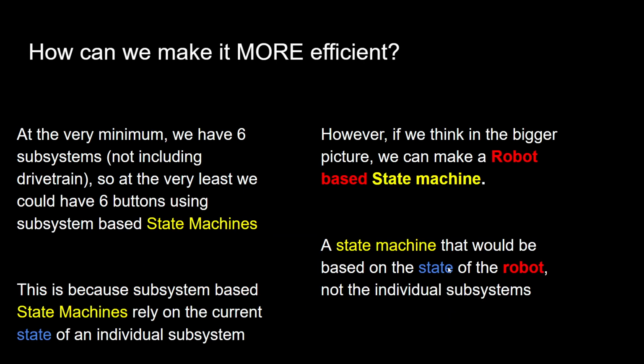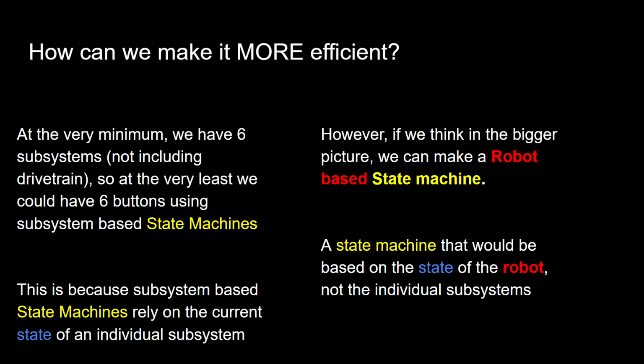So how can we make it more efficient? Well, one thing is we can make a robot-based state machine. I'll talk about that, but first thing is, at the very minimum, using subsystem-based state machines, you need 1 per subsystem, and we have 6 subsystems, not including the drivetrain. So that would be 6 buttons at the minimum, which is still too many.